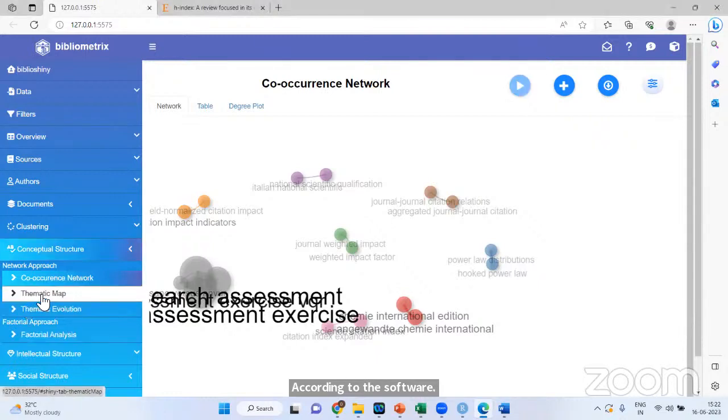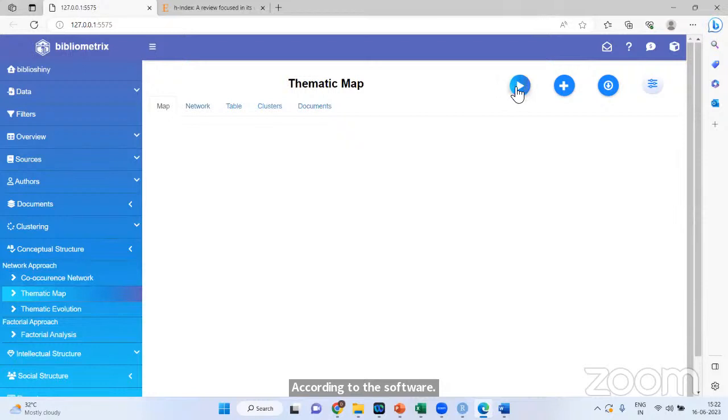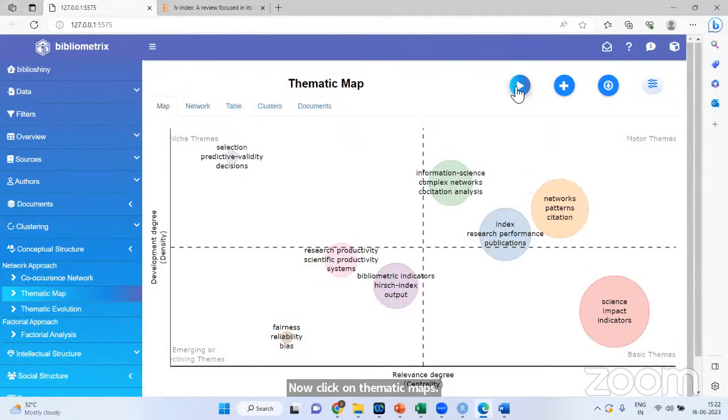Now click on thematic maps. It will generate a map. It will generate a graph-like structure.